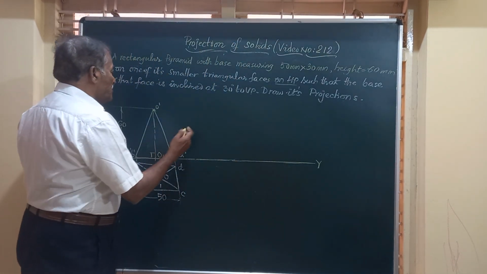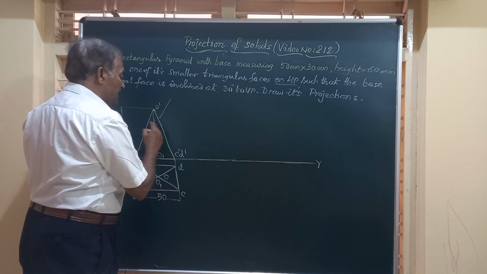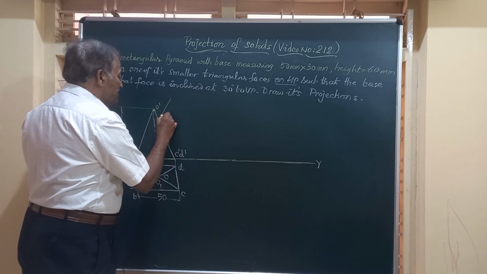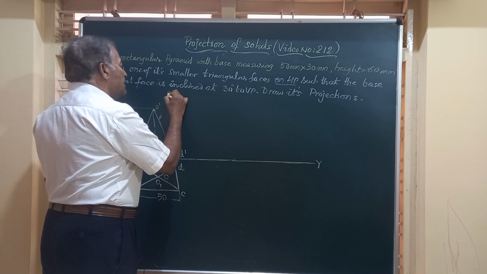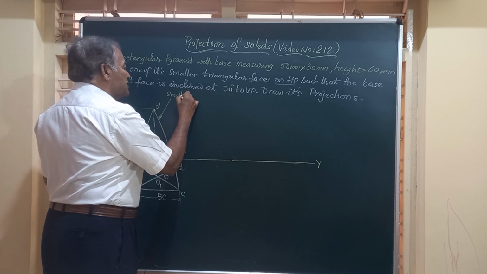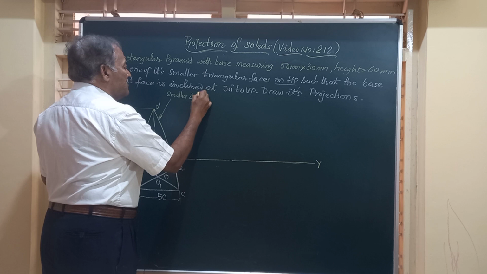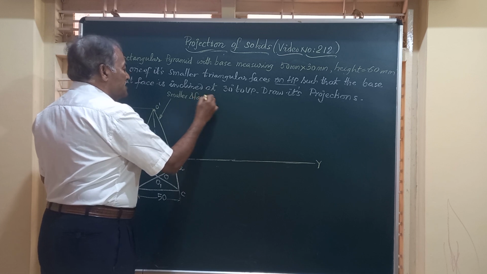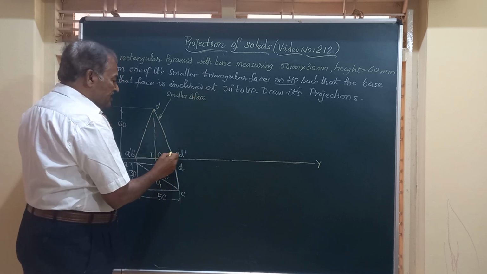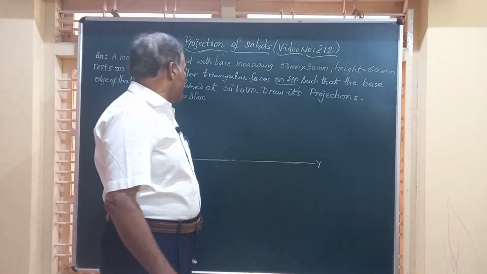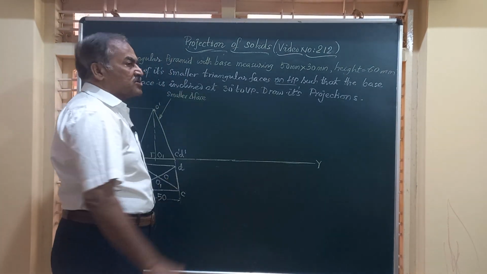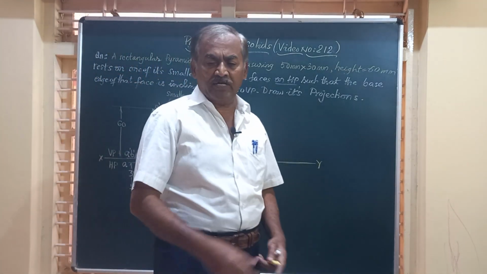Friends, here, if you see this last line, O dash C dash D dash, represents a smaller triangular face. That smaller triangular face is at an angle to HP, it is inclined to HP. So friends, it has to rest on HP. So what is to be done?